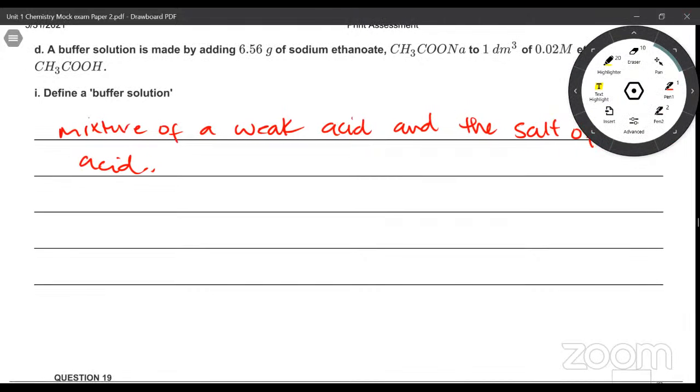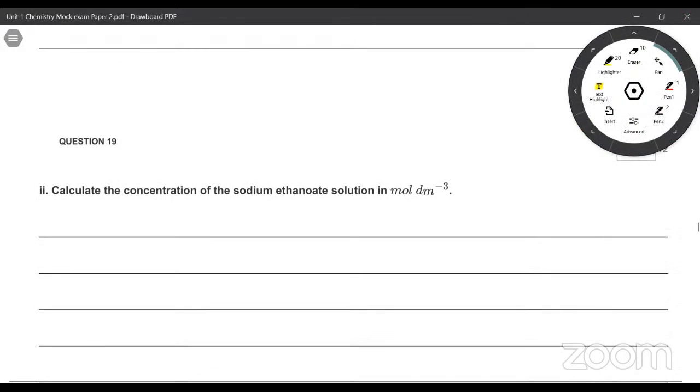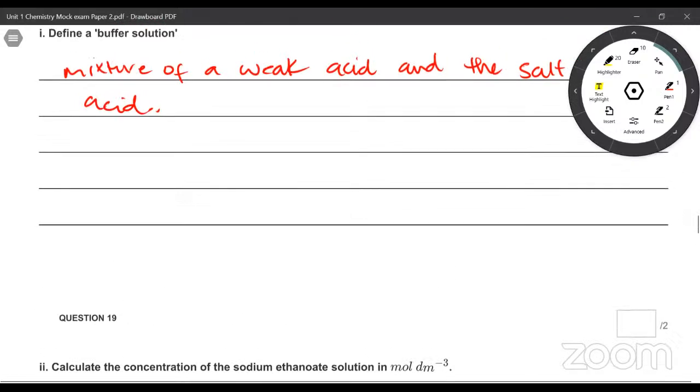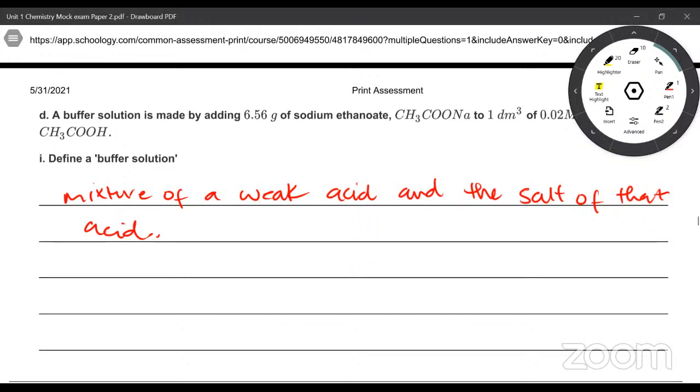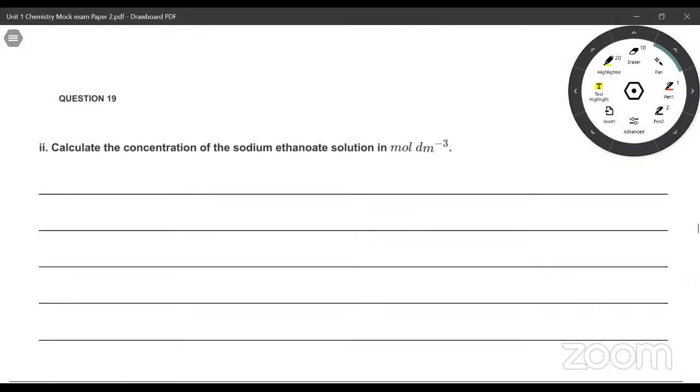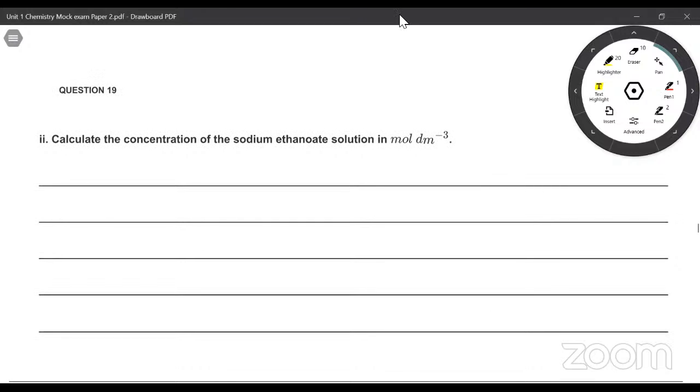Now the next question wants you to calculate the concentration in mole per dm cube of the sodium ethanoate in solution. We know that it's 6.56 grams of sodium ethanoate, so let's get to working on that.